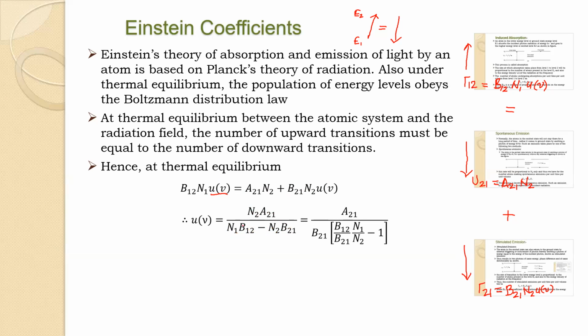From the denominator we take N2 B21 outside.